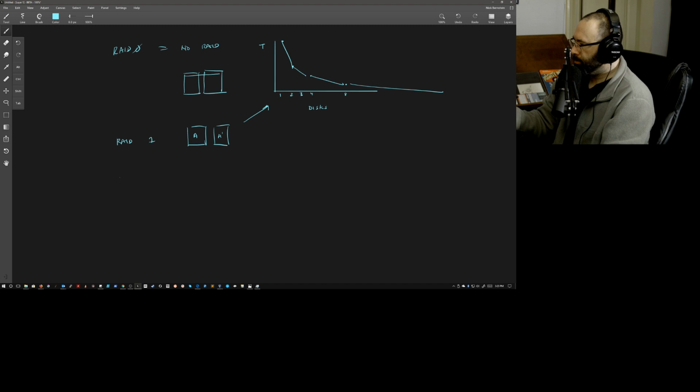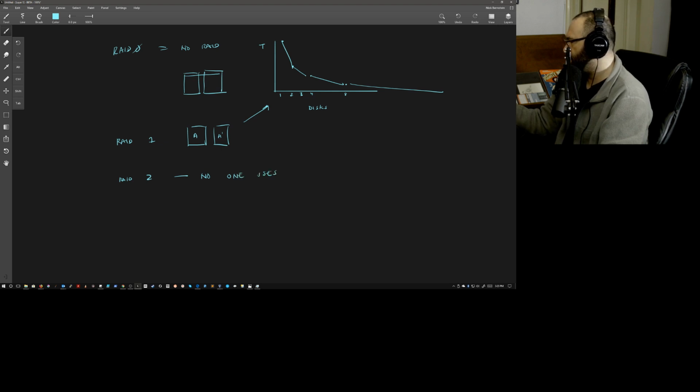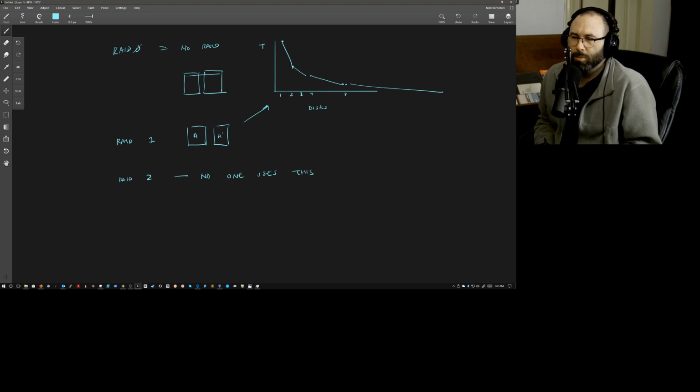So, RAID 2, right? No one uses this. The idea is that this was an attempt to do a type of RAID that would allow you to use more drives. One of the things worth noting when we're talking about why the different types of RAID exist is the historical context.